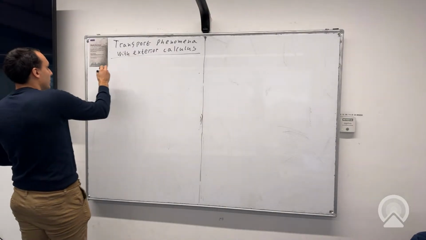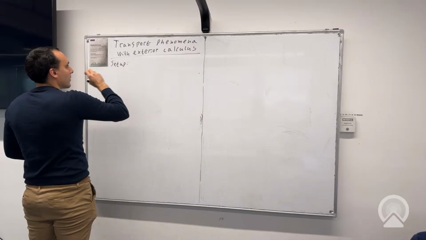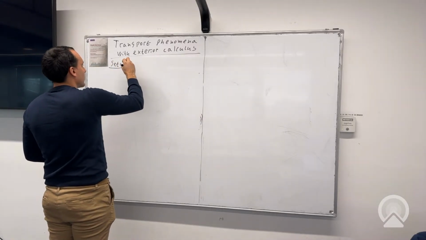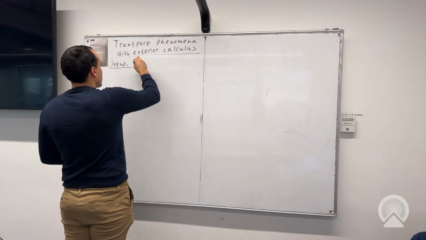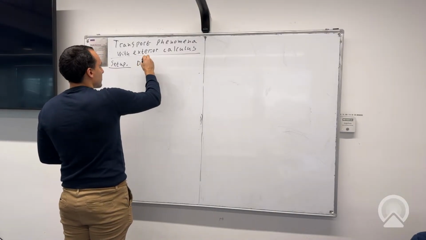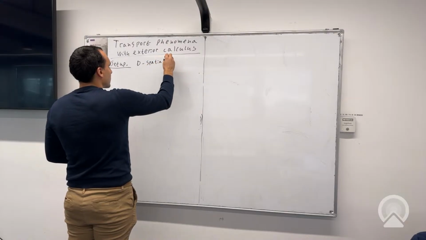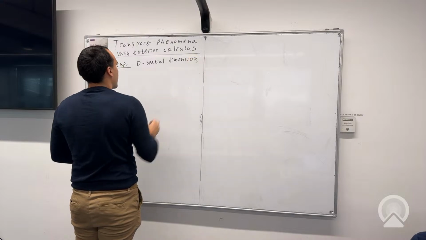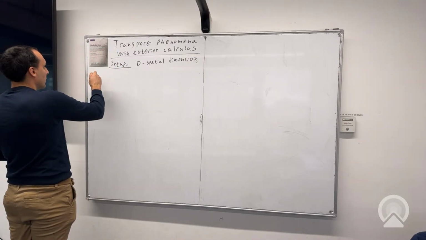So let's fix the setup. So we have M, so D spatial dimension, omega.